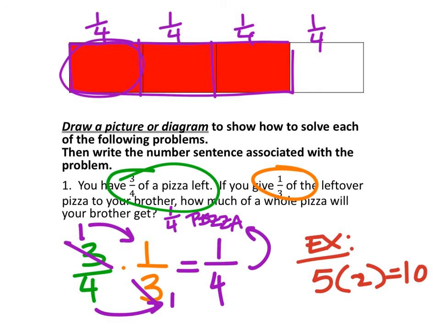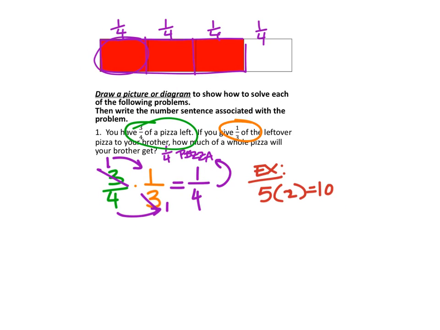So over here in green, let's go ahead and write this out, okay? This would be 3/4 groups of 1/3. In fact, what I would like to do is actually rewrite this, which is going to make it maybe easier for us to understand. It'd be 1/3 groups of 3/4 is really how this would read from the beginning, okay? But because it's multiplication, it doesn't really matter the order. That's the commutative property of multiplication right there.